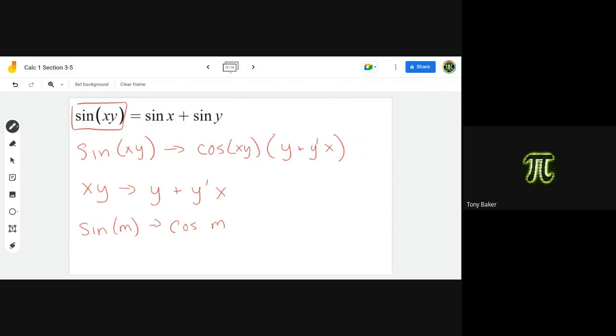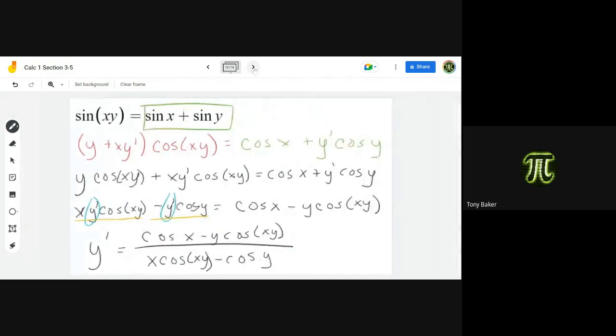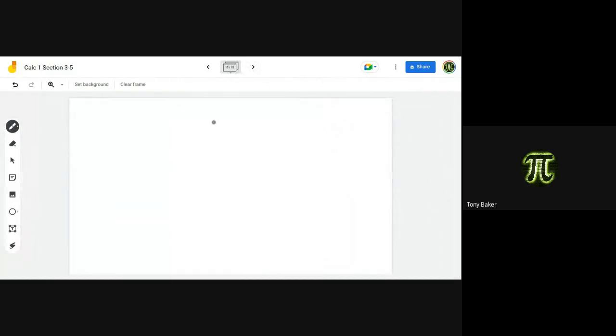No, let's not do that one. I'll be nice. Let me give you one that doesn't have a billion steps in it, so I'll make sure you actually get the process. Let's do that one.